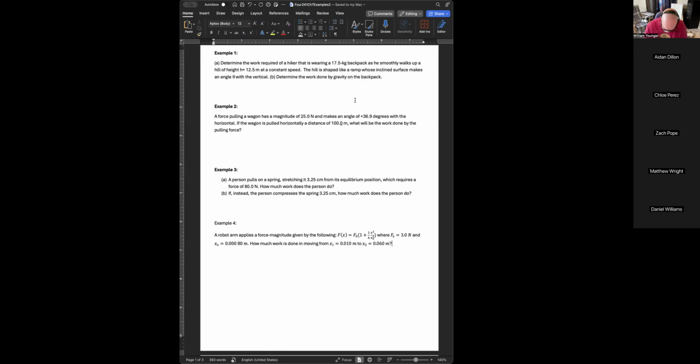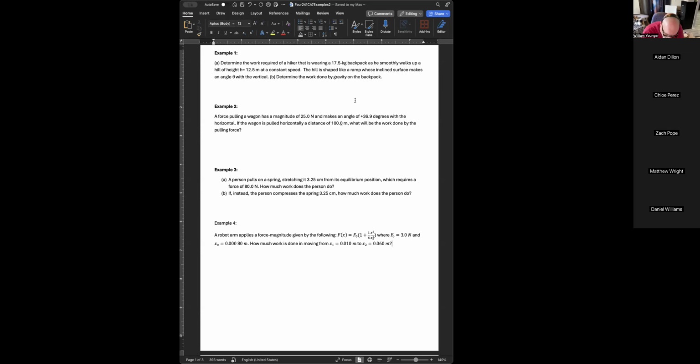I'm going to open up my iPad. I've now got it open. I'm not sharing it with you yet, I'm just writing down the information. So I have example one. I'm just recording this on the iPad sheet. What I have is a mass of 17.5 kilograms, a height equal to 12.5 meters, and an angle theta with the vertical.